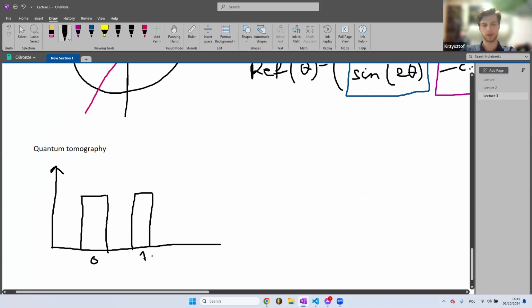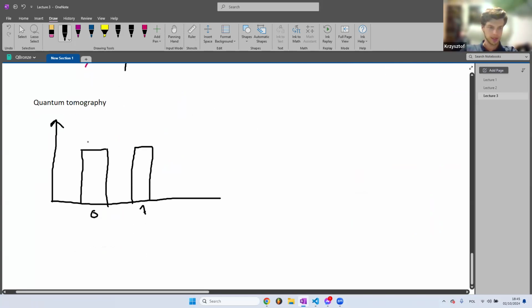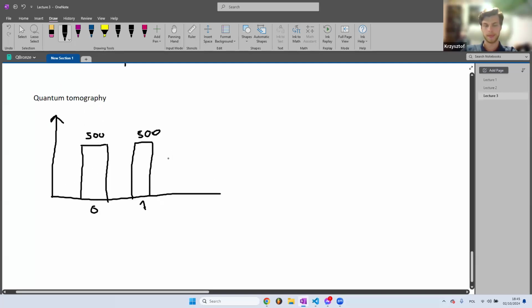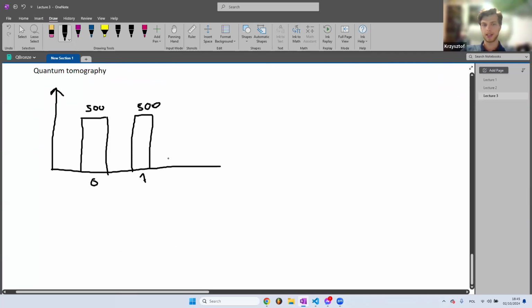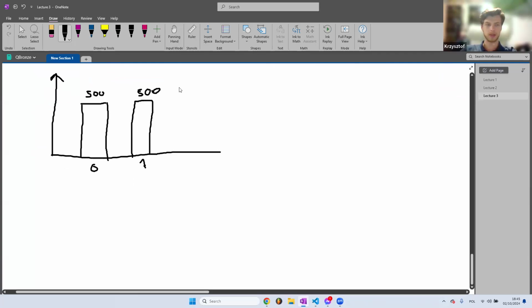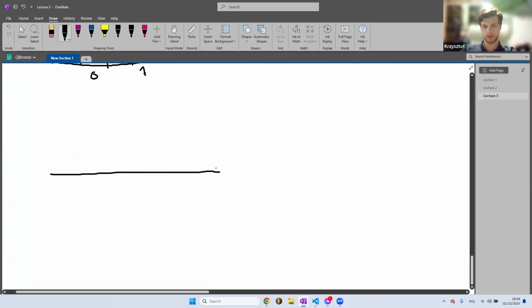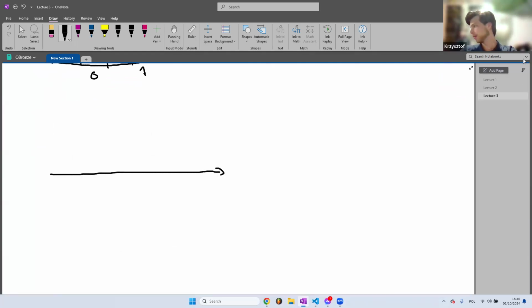Qubits in state 0 and qubits in state 1. So let's say we measured 500 qubits in state 0 and also 500 qubits in state 1. Do you have any ideas what the state of the qubit we measured was? Can you maybe write in the chat the angle I should write to the qubit?